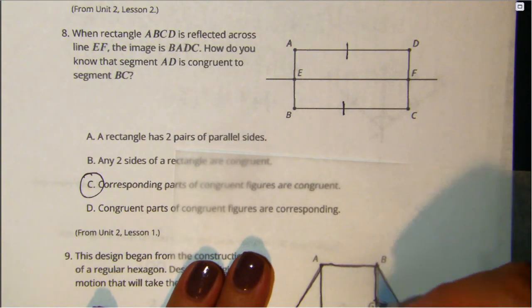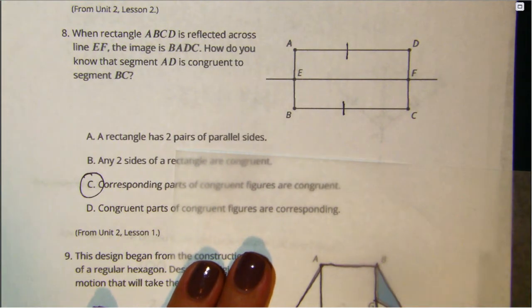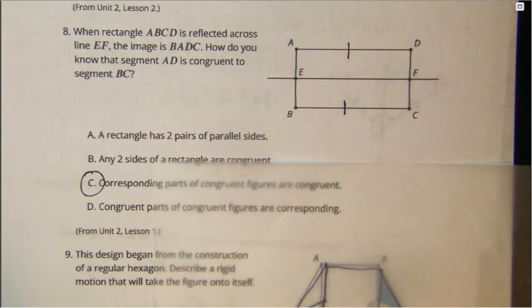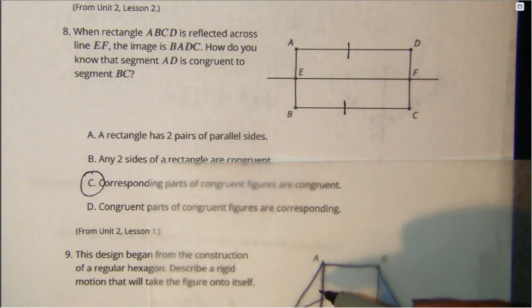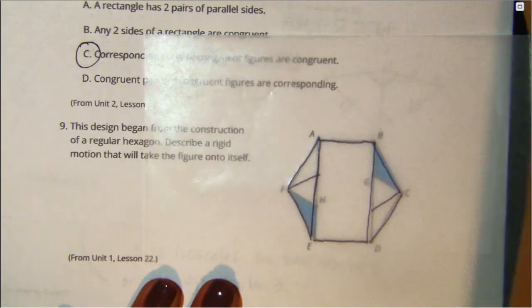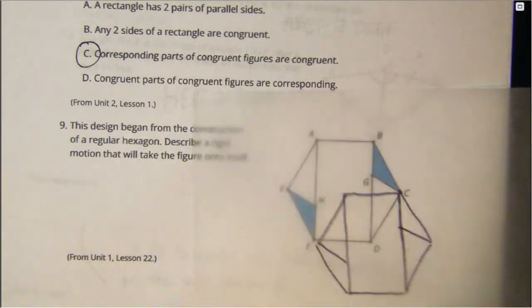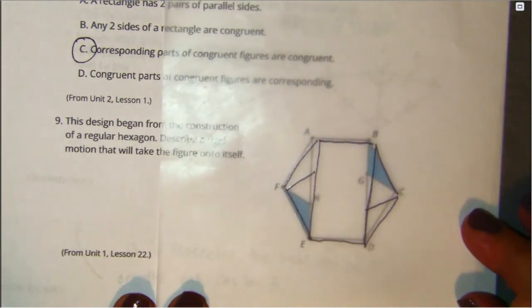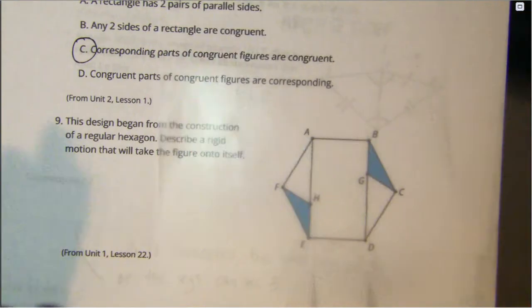I'm not sure where you think you might try. You might try a reflection down the middle like this. But those small triangles, whoops, sorry, you can't see it, are in the wrong spot. You could try a reflection this way. Again, the triangles are in the wrong spot.